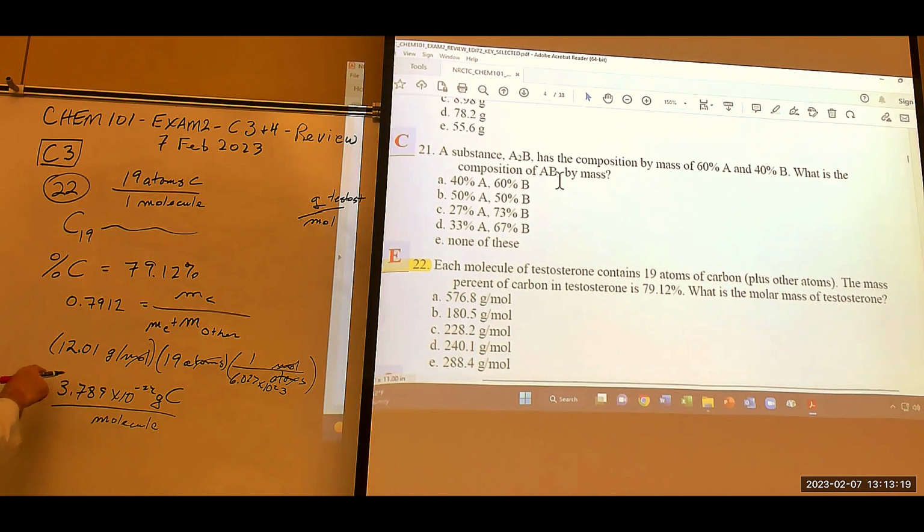Now, what's the mass of the molecule? Right? What's the mass of the molecule? Well, it's 79.12% carbon. So this right here represents 79.12% of the total.